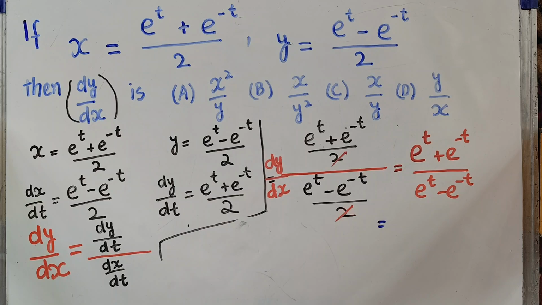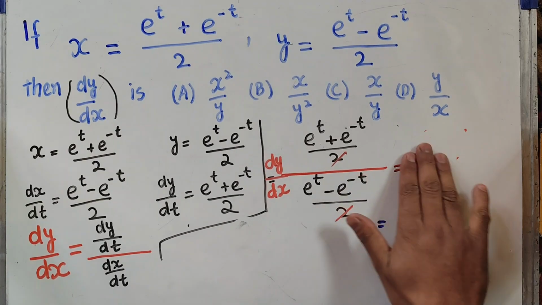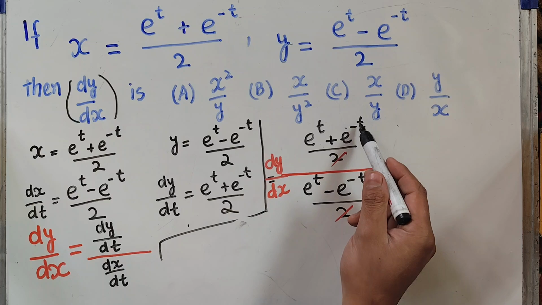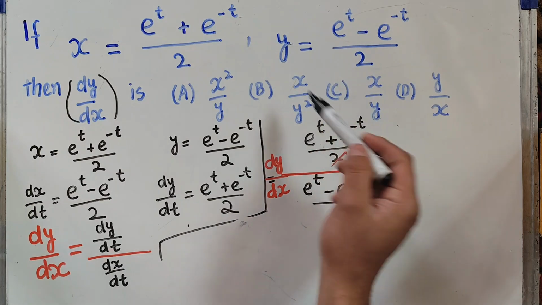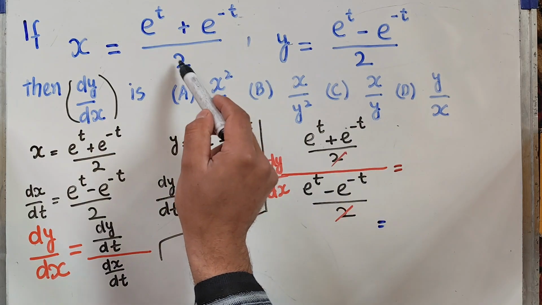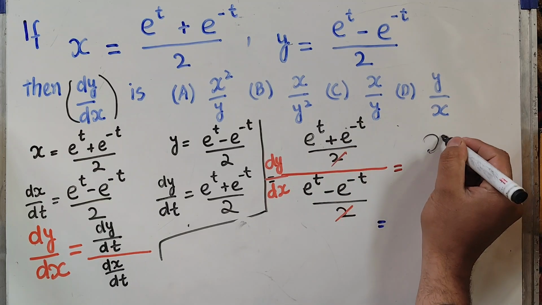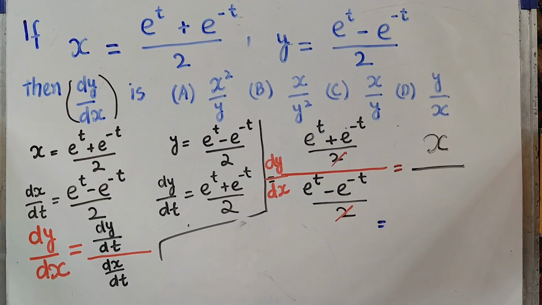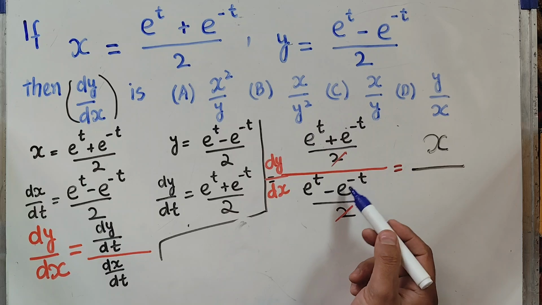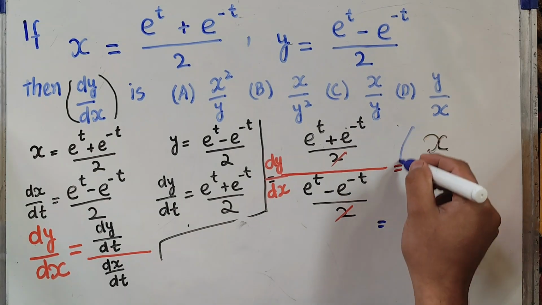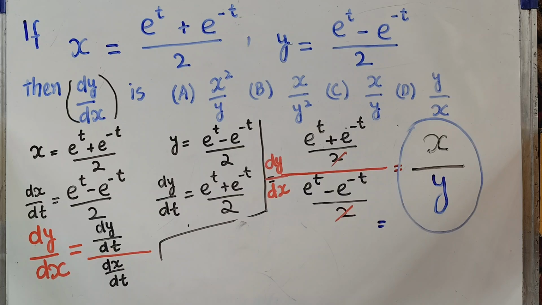We can get the solution here. (e^t + e^(-t))/2 is equal to x, so the numerator is equal to x, divided by this term (e^t - e^(-t))/2, which comes out to be y. So dy/dx should be equal to x/y.